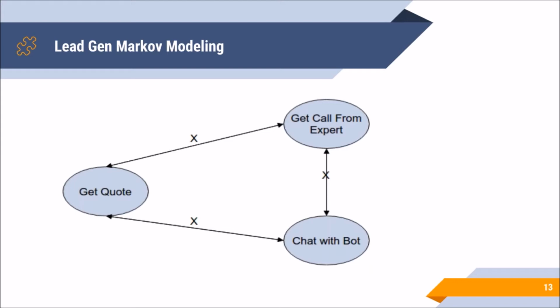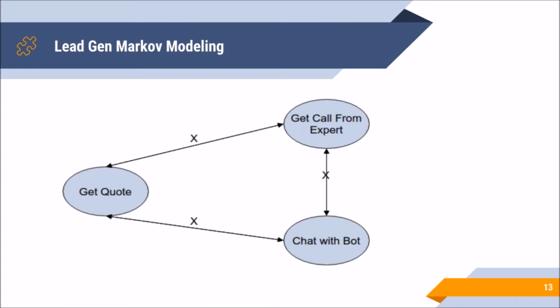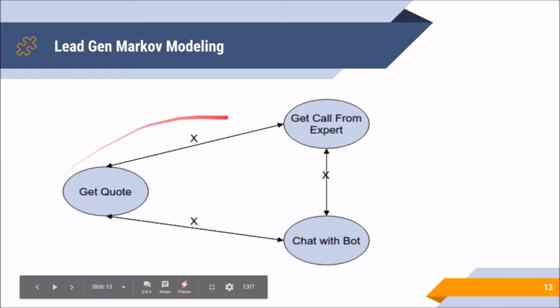The Markov model that you can see on the screen right now is for one of our lead gen clients, where there are three options via which the user can get a quote or get the product they want to buy. They can fill in a form, they can get a call from an expert, or they can chat with the bot.